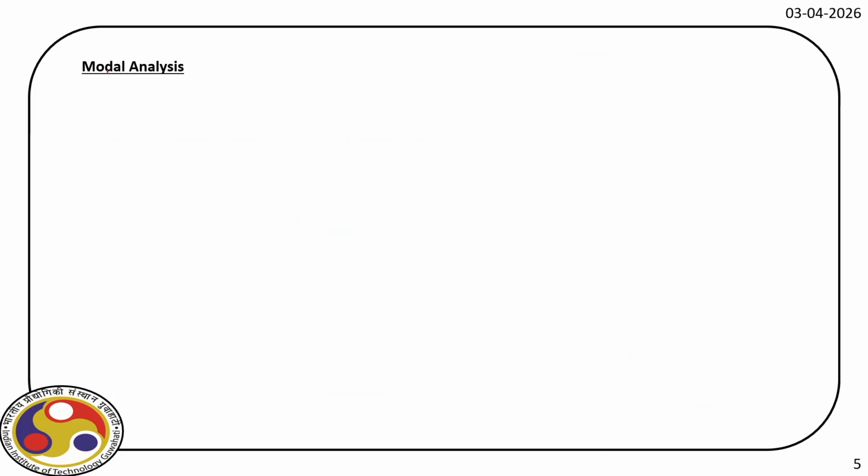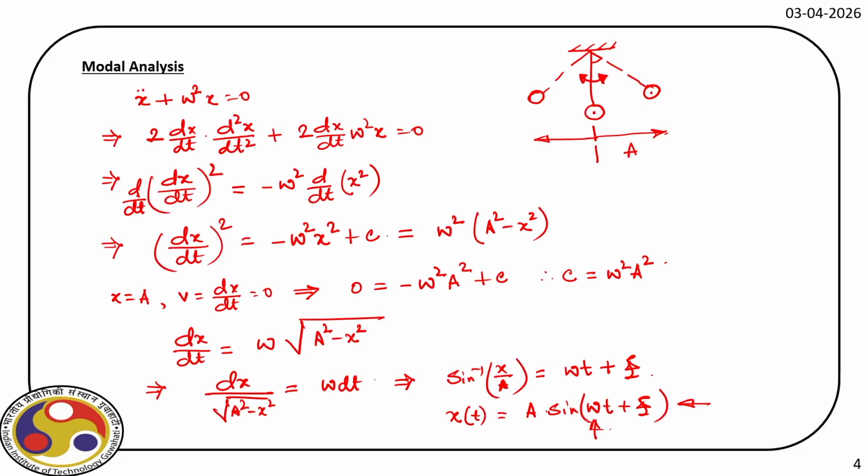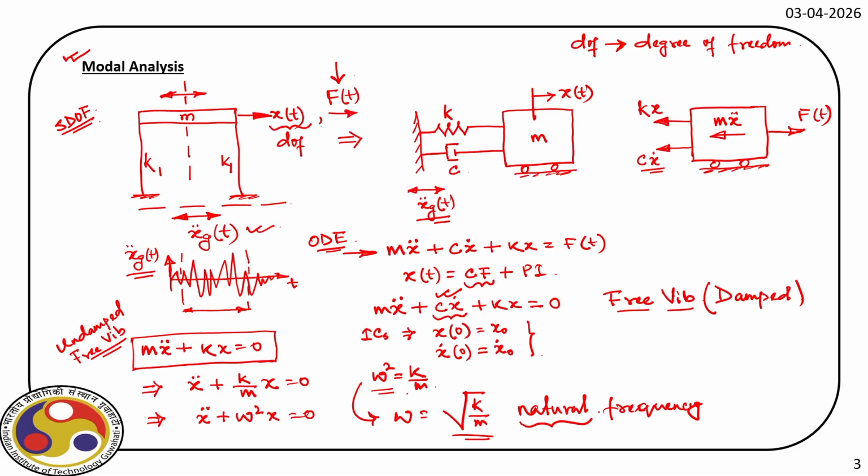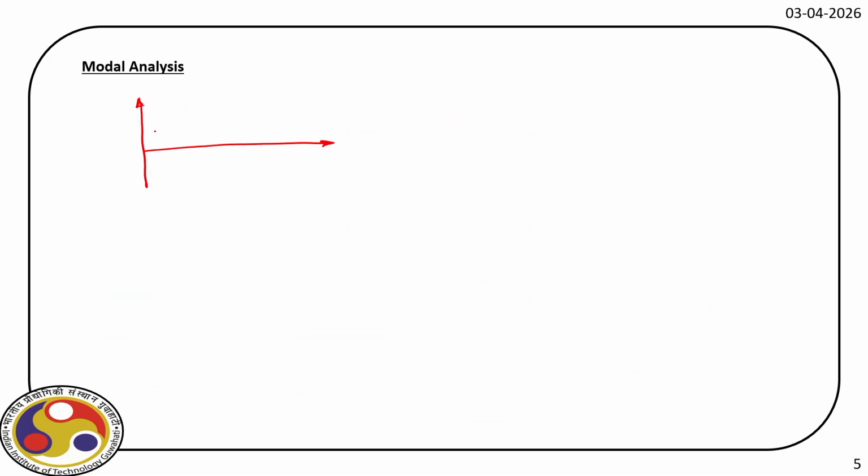Now, if we plot the amplitude of vibration, at t equal to 0, this first part is 0, but we have this phi, so it will be something like this, and this motion will continue.